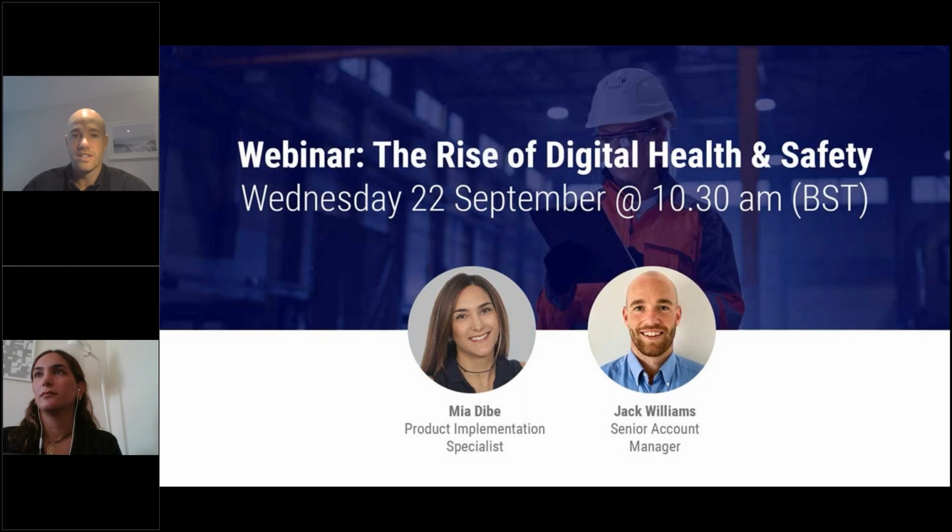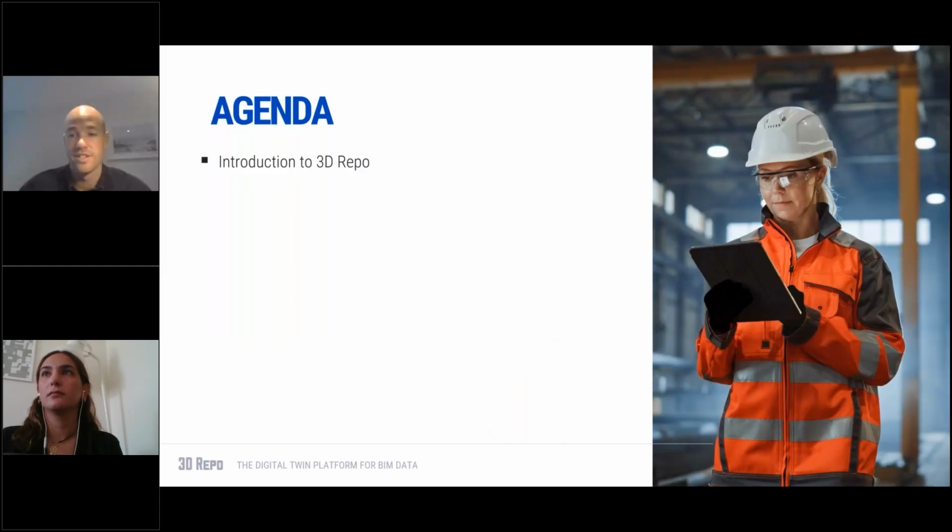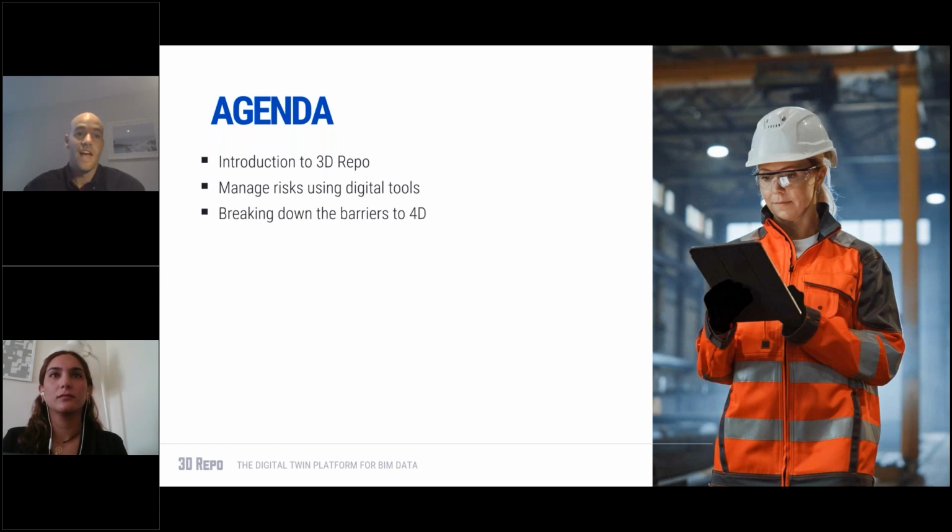Just in terms of the agenda, we're going to start off with a bit of an introduction to 3D Repo. So this is just going through the platform and giving you an understanding of the platform as a whole. Then we're going to be focusing on how you can manage risks using digital tools, how you can actually optimize 4D within health and safety as well, breaking down those different barriers around 4D.